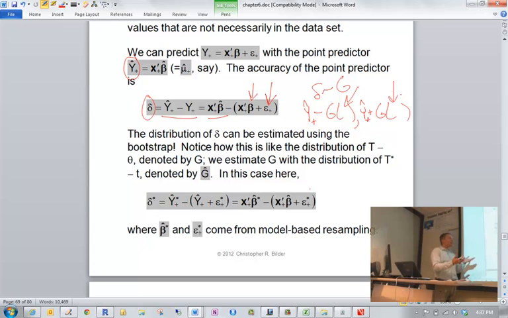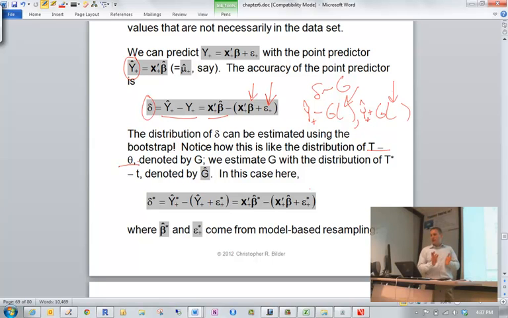What do we do then to estimate the distribution of G? Well, how about we form delta star. The y hat becomes a y hat star. The y here becomes a y hat. The epsilon becomes epsilon star. This is very similar to what we did in chapter 2.